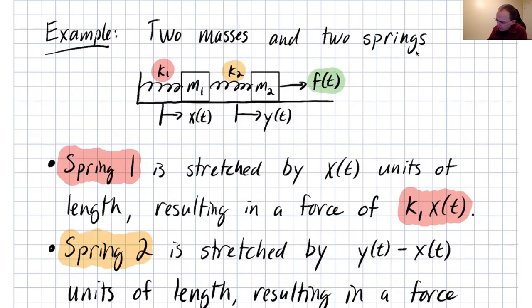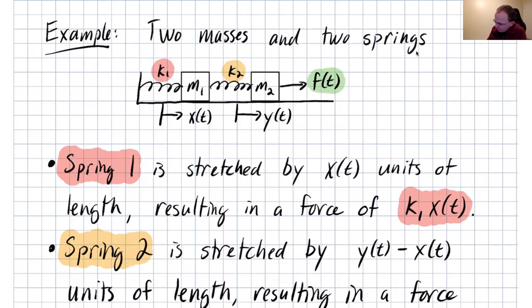Okay, so let's see how we can get a system of differential equations from this two masses and two springs system. The first thing we need to think about is what happens when spring 1 is stretched by moving mass 1 to the right. When it moves to the right, it's stretched by a distance of x of t.